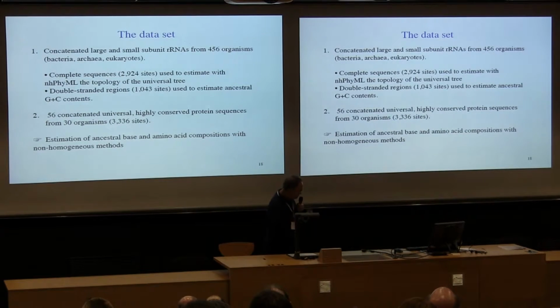It is a question of computational tractability that constrained us to work with a much smaller number of sequences at the protein level than at the DNA level. And with this model, we have been able to estimate the ancestral compositions of our sequences. So ancestral base composition for RNA sequences, ancestral amino acid composition for protein sequences.